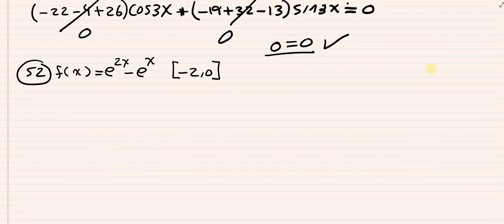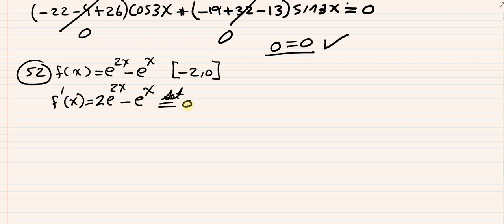And in order to find the absolute extrema, we need to do our first derivative test. So f prime of x is going to be 2e to 2x negative e to x, right? Derivative of first one is e to 2x times 2 chain rule, minus the derivative of e to the x is e to the x. We're going to set this equal to 0, right?